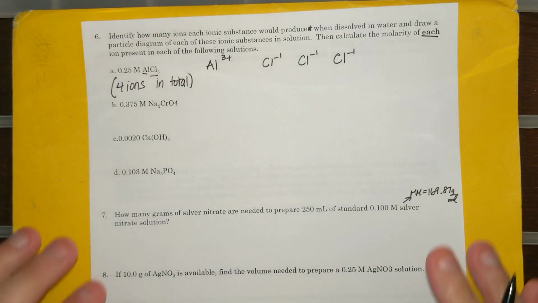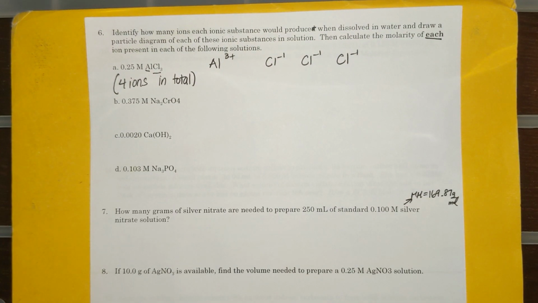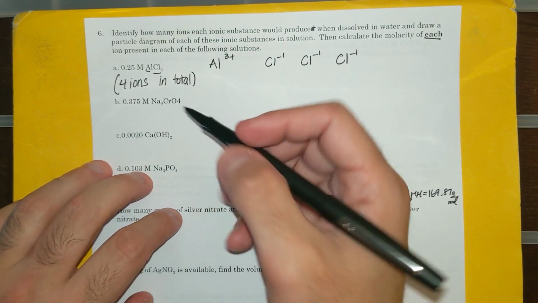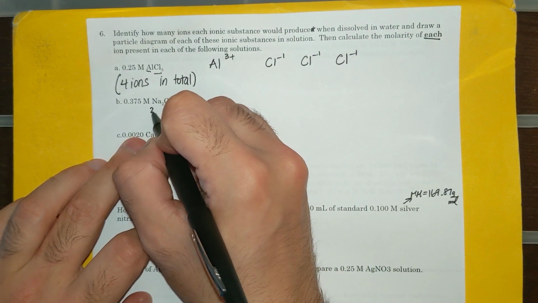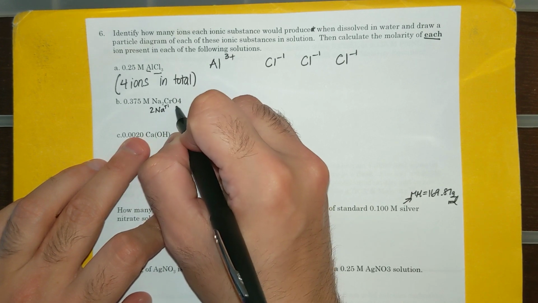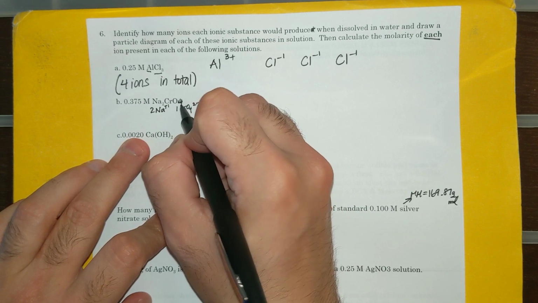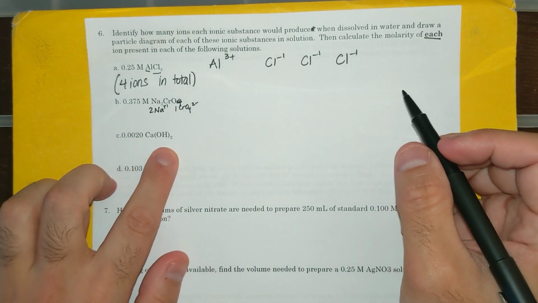Now this is a throwback to Unit 5 and 6 a bit, right? All of the ions are the different ions that are present. So like you'll see later, this is Na2CrO4. So that has 2 Na pluses and 1 CrO4 2 minus.